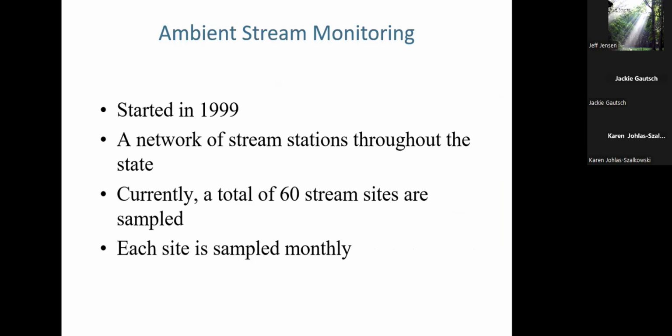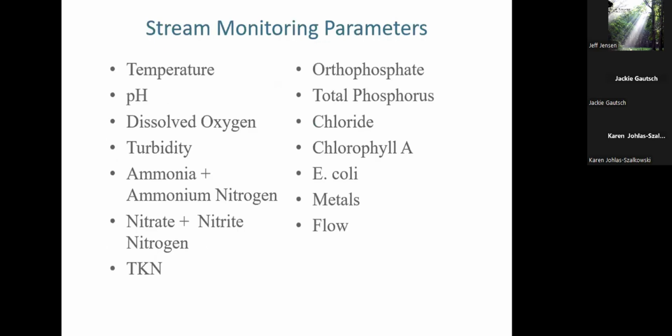And then also the state hygienic lab that runs a lot of our water quality samples and then also collects a lot of these samples. Currently, we have 60 stream sites that are sampled throughout the state, and each site is sampled monthly. Again, you're going to see kind of an array of parameters that we monitor for. Temperature, pH, dissolved oxygen, turbidity are kind of our standard on-site parameters that we monitor for.